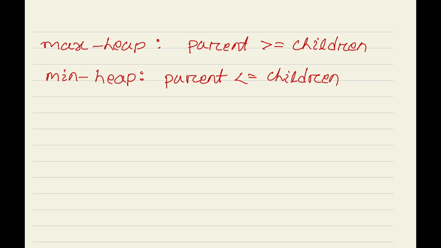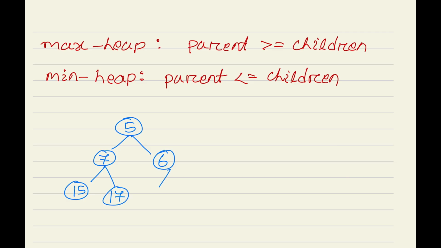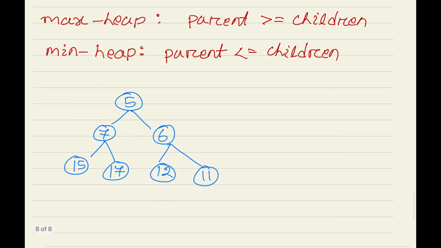Suppose consider the min heap is like this: 5, then 7, then 6, then for 7 the children are suppose 15, assume this is 17, for 6 assume it is 12, assume it is 11, now for 15 assume this is 25, and its other child assume 27, for 17 assume its left child is 21.